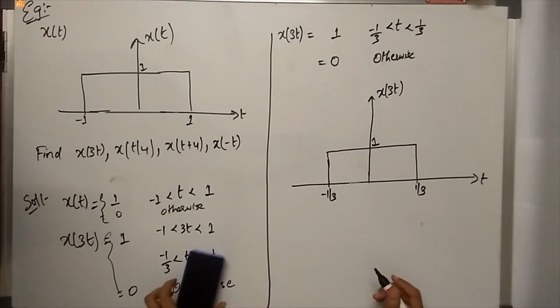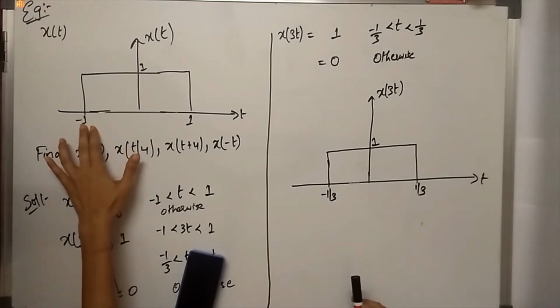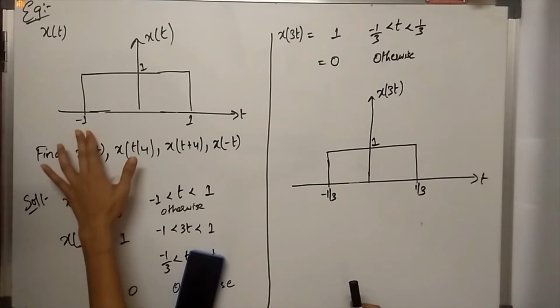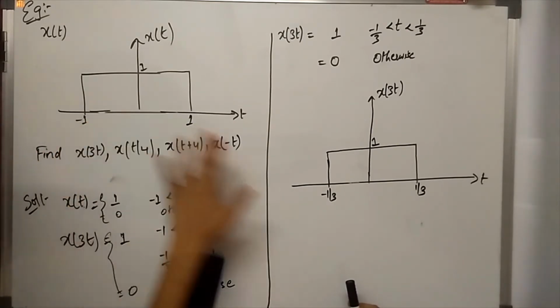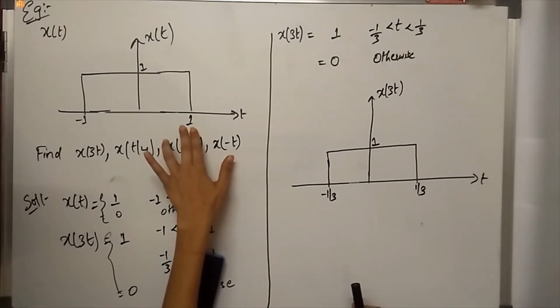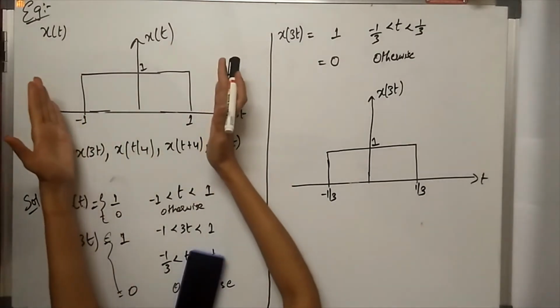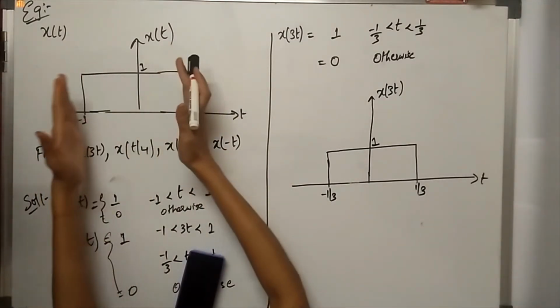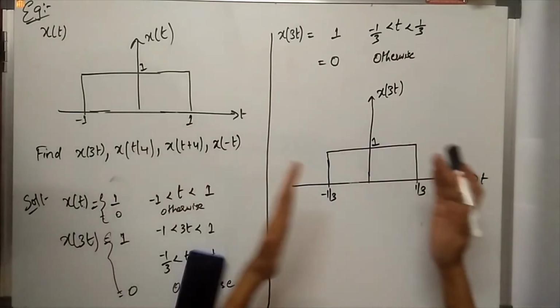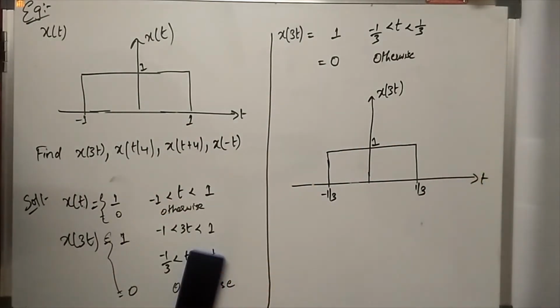Now you can see here, whatever signal is observed at -1 is now reflected to -1 by 3. Whatever signal you find at 1 is now reflected to +1 by 3. So if I do a compression in time, what I get is x of 3t, right?